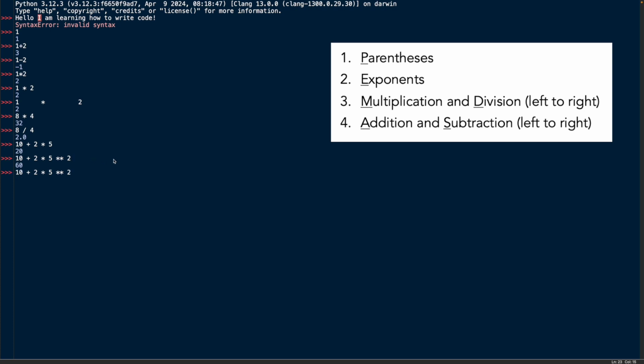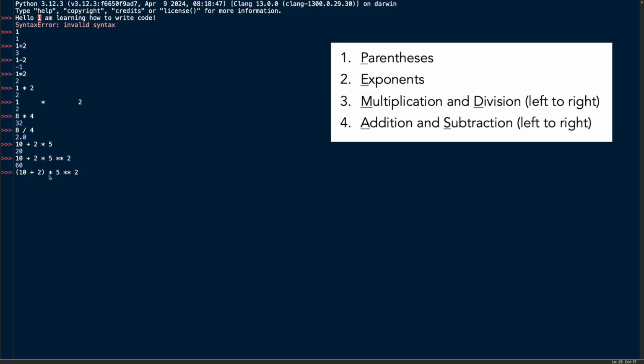Another interesting thing you can do is use parentheses to force the order of operations. So we can see that parentheses has the first precedence, it's the highest priority. So we can actually surround 10 and 2 in parentheses here. And this is going to tell Python to do 10 plus 2 first, even though the exponent has a higher priority than multiplication and addition, it doesn't have as high one as parentheses.